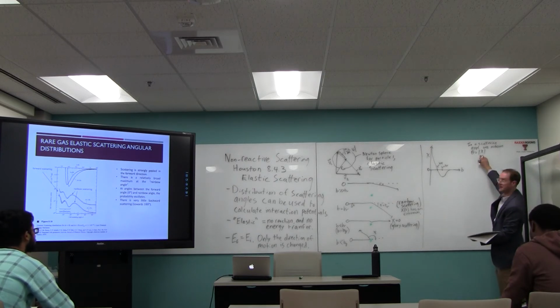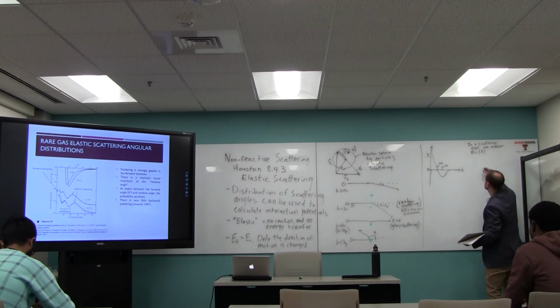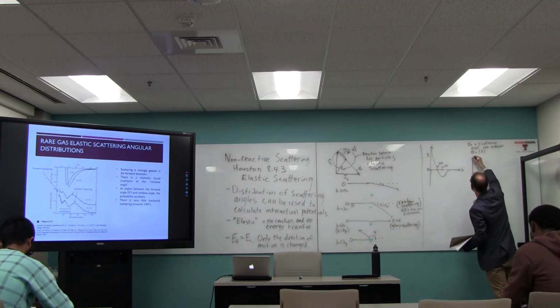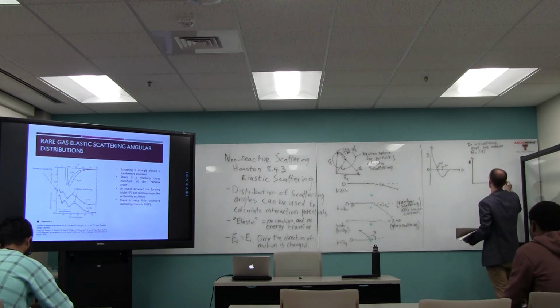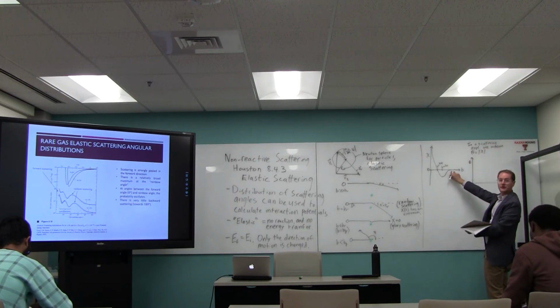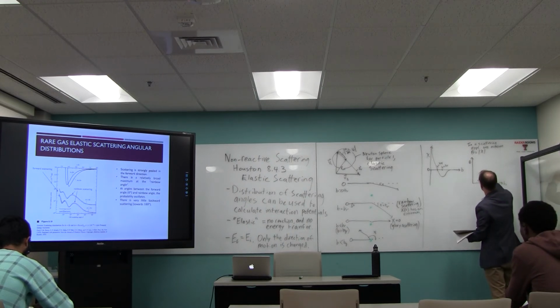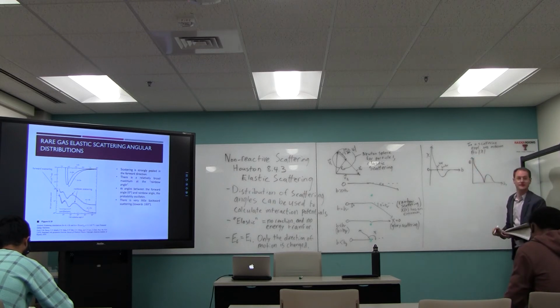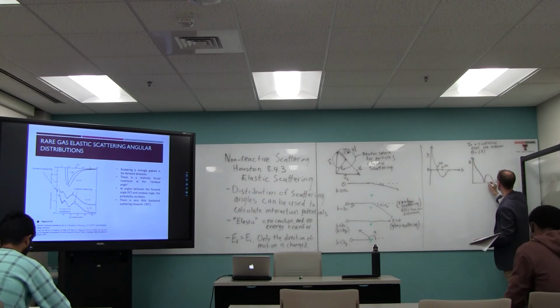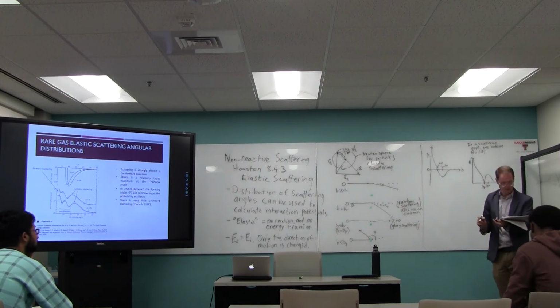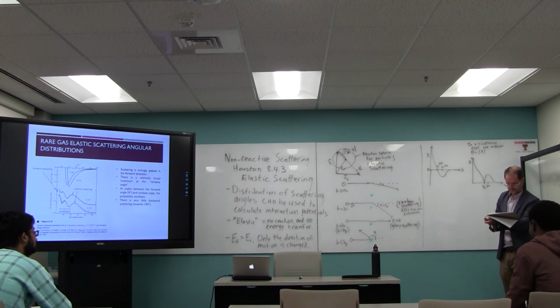So we can only measure the absolute value of chi. And so if we plot theta equals the absolute value of chi versus B, then we just take the absolute value of this graph, and that's going to look something like that, right? So here's the rainbow parameter, here's the glory parameter.